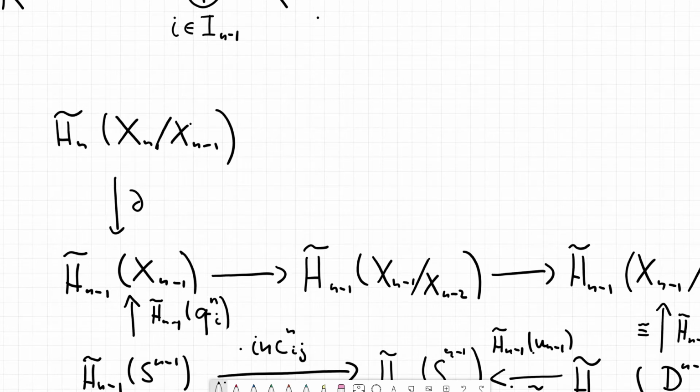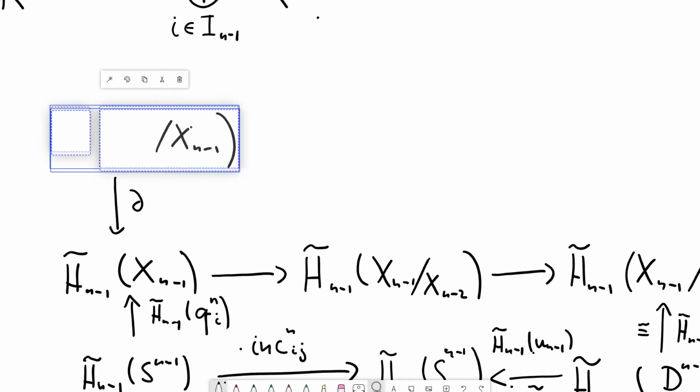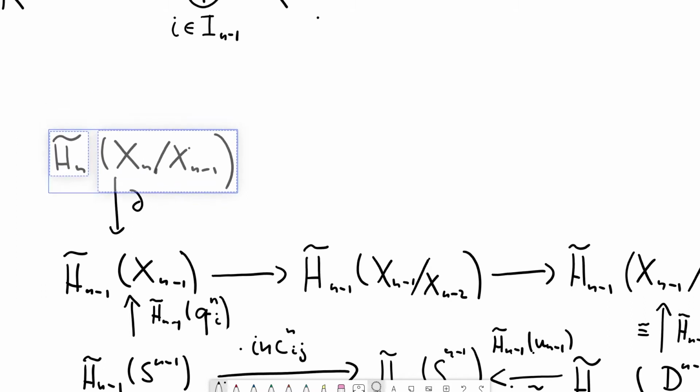Okay, and now I'm already running out of space, but I think I can manage with what I got here. Let's put this a little lower. I just need one more arrow on top here. Namely, I now can use our isomorphism from the collapse proposition.